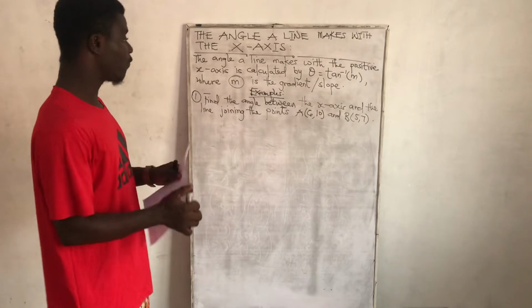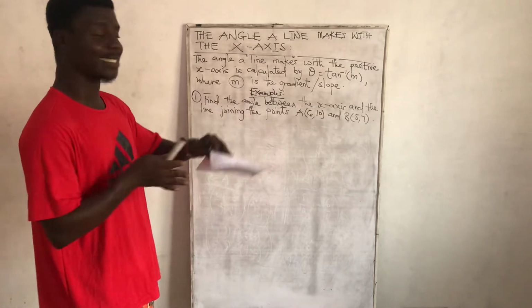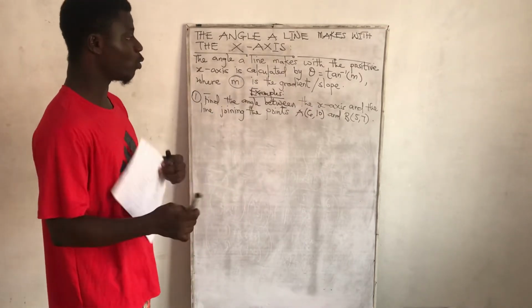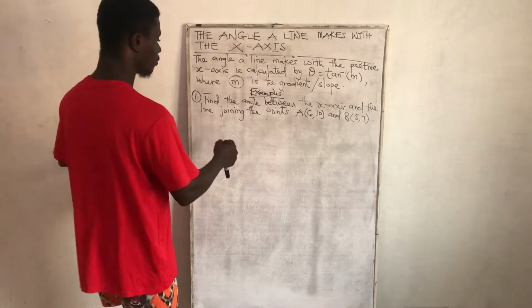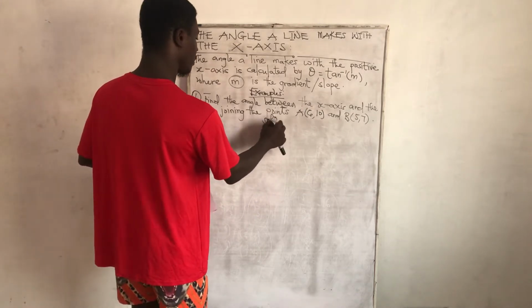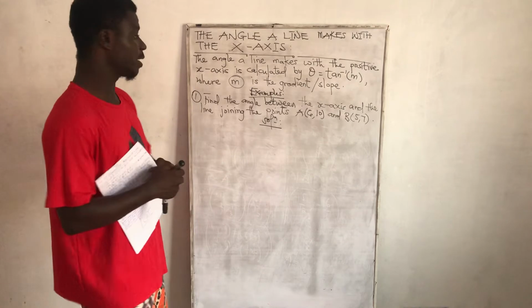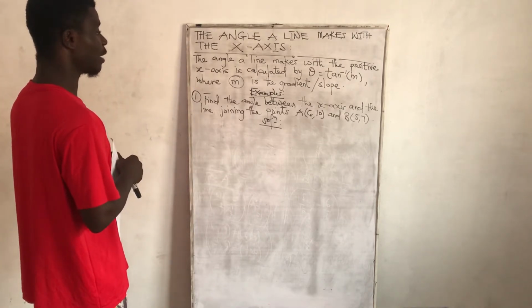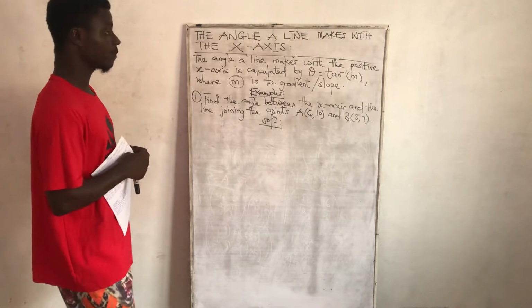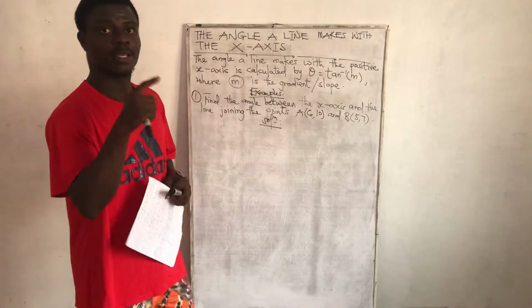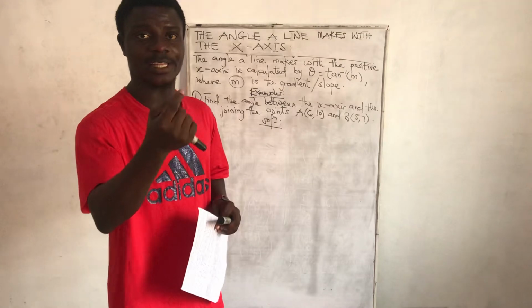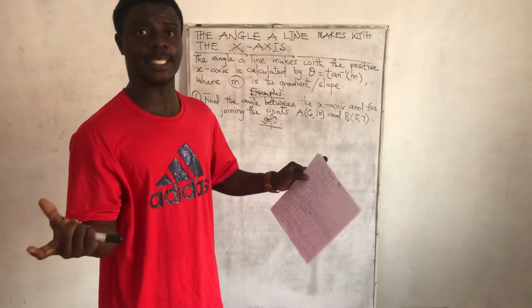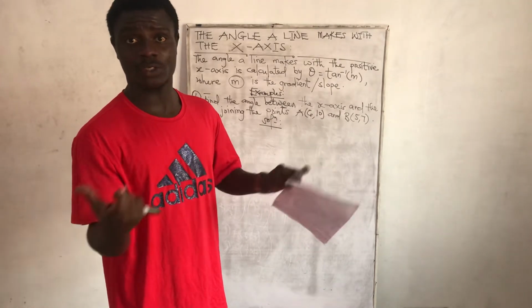So how can we find the angle between the x-axis and the line joining the points? Solution here. In our video we said that M, the gradient, can also be equal to tan theta, which is the tangent of that angle.